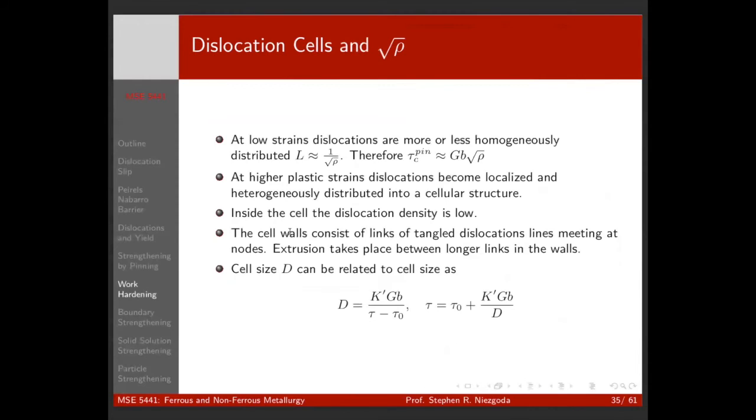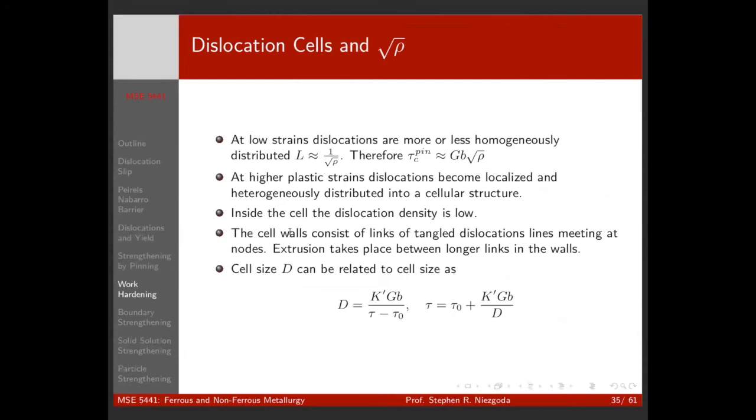So here we said that the yield strength is going to be proportional to the square root of dislocation density. And at low strains, we know that these dislocations are going to be more or less homogeneously distributed. So it's not too difficult to relate the expected separation of our pinning points to the dislocation density.